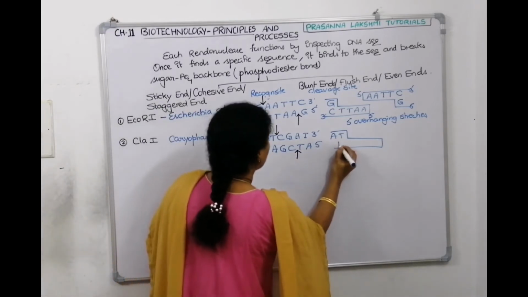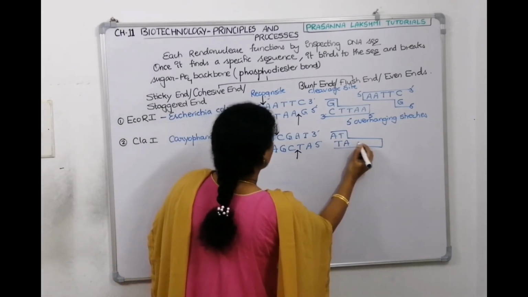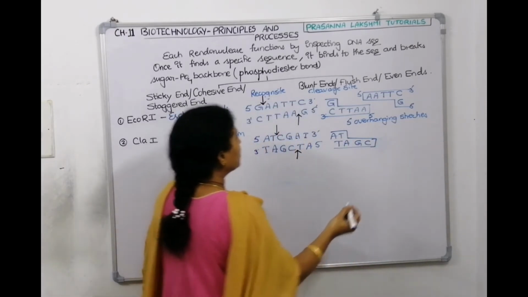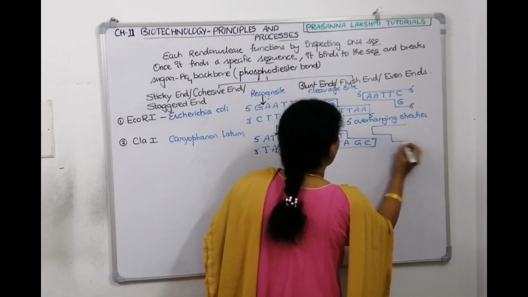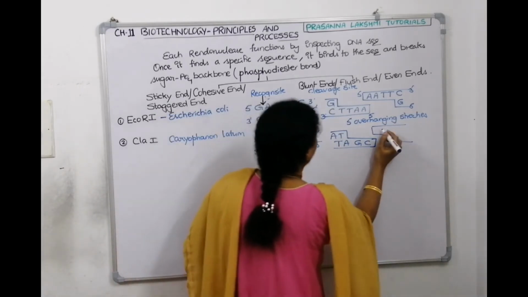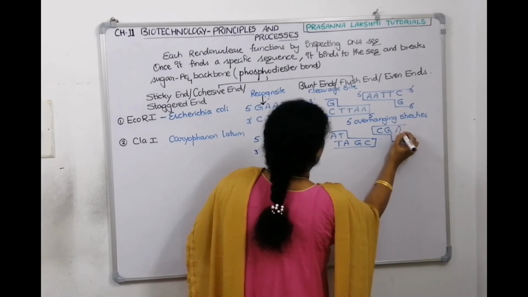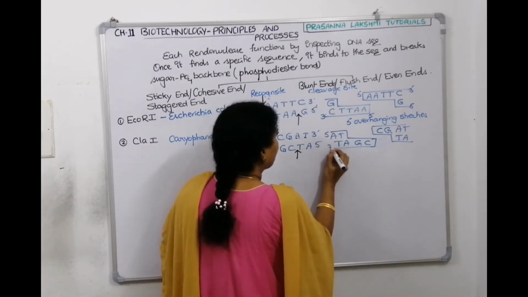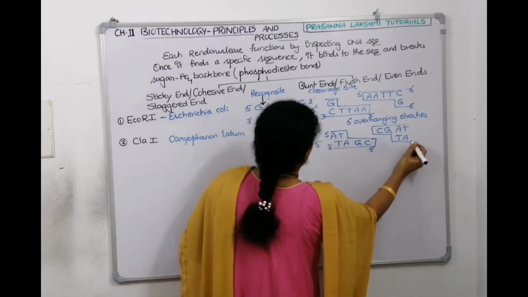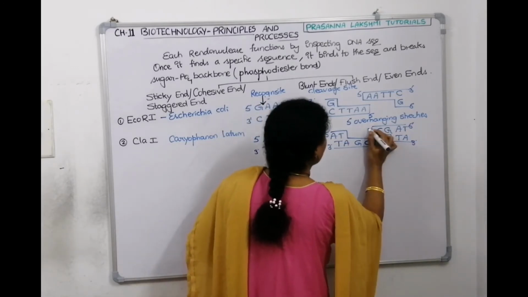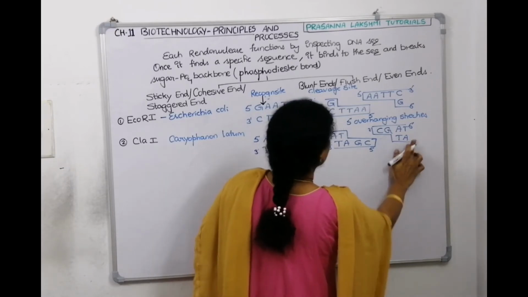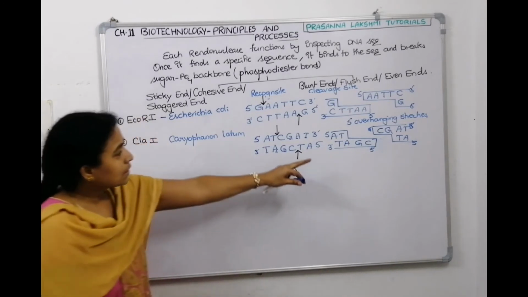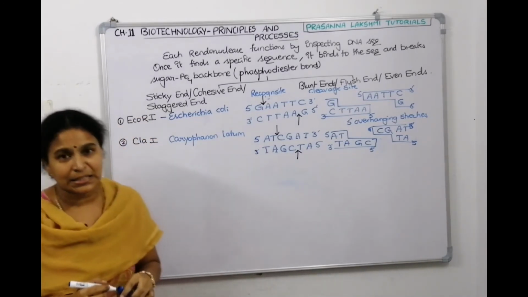These 4 I need to write: A, T, C, G only. The opposite strand will be C, G, A, T, T, A, with 5 prime, 3 prime, 3 prime, 5 prime, right? So this is 5, then this will be 3, this will be 5. So this is the sticky end that ClaI has given.